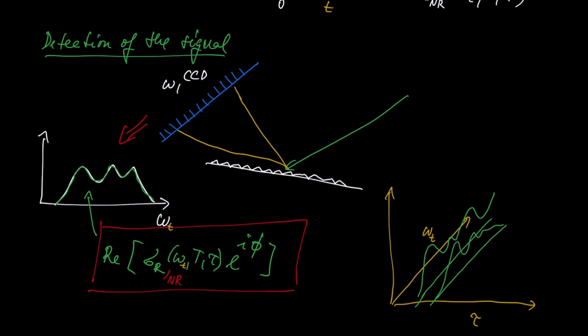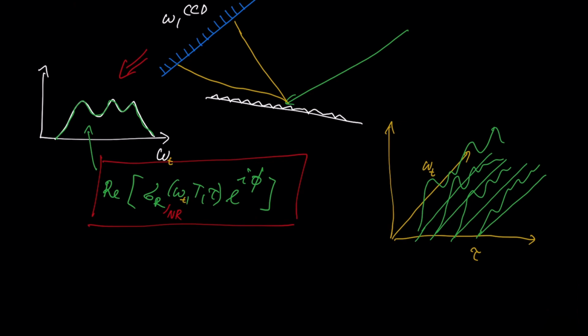I mean, this is not a nice plot, sorry, but we measure all these things so that we get some sort of a two-dimensional spectrum already. But in order to get the signal, we also need to perform a Fourier transform on this tau t.